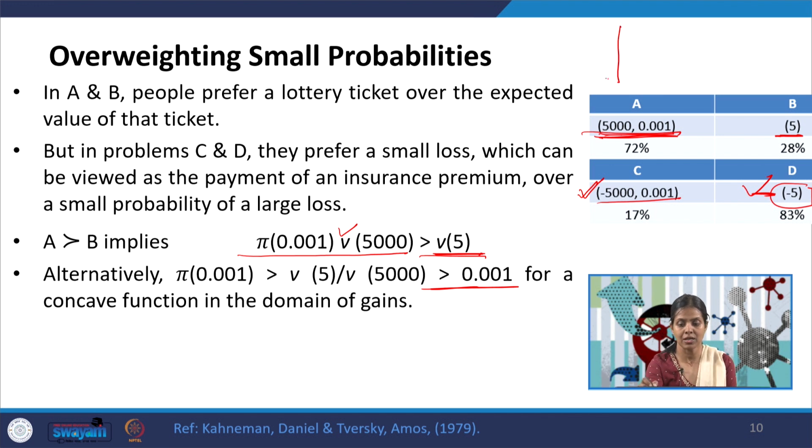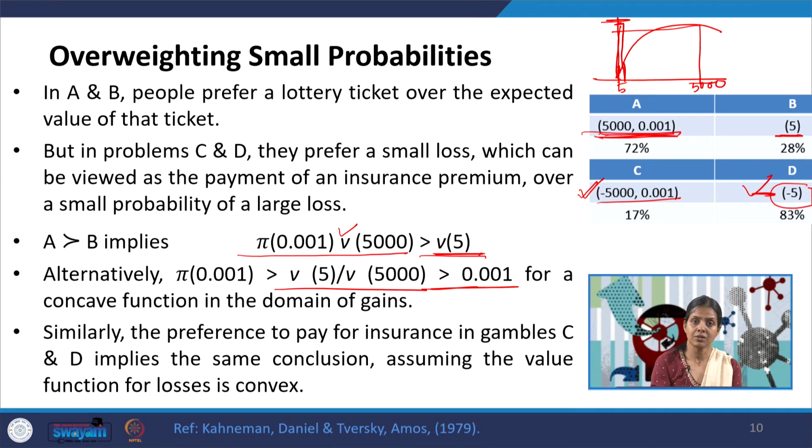Again, by the same logic as I just showed in the previous slide, when the utility function is a concave one, then your 5000 is here, your 5 is here and your 5000 could be here, which is basically 1000 times, but then V(5000) actually would be much higher, that is 1000 times of V(5) would be much higher as compared to where V(5000) actually is, because of concavity, and as a result of which we expect this ratio to be greater than 0.001 for a concave function in the domain of gains.